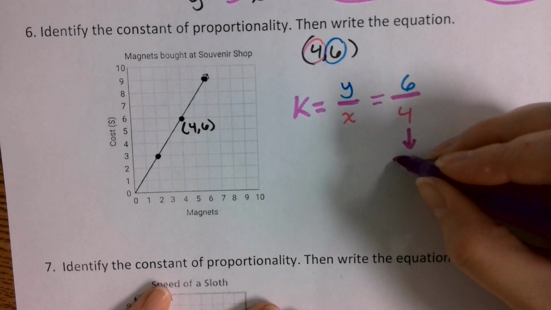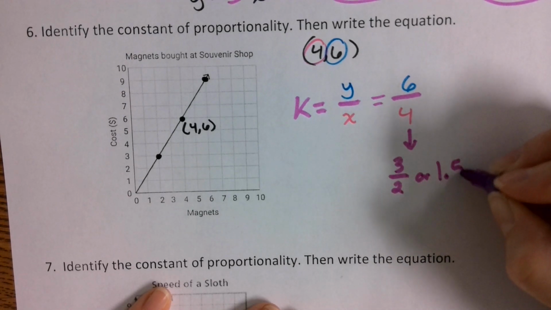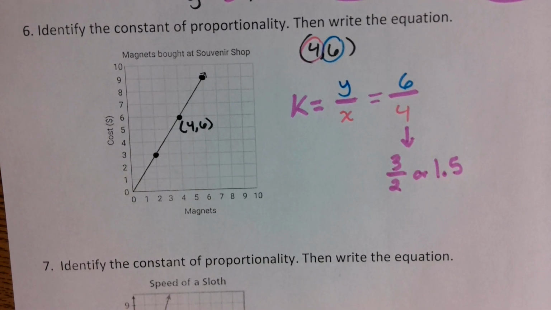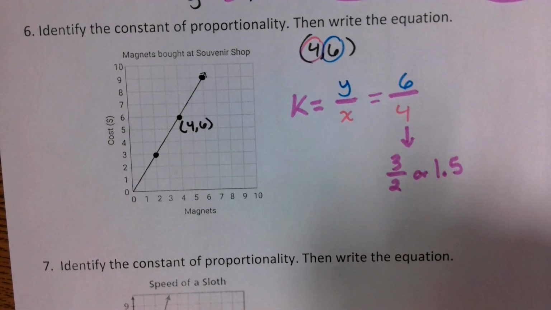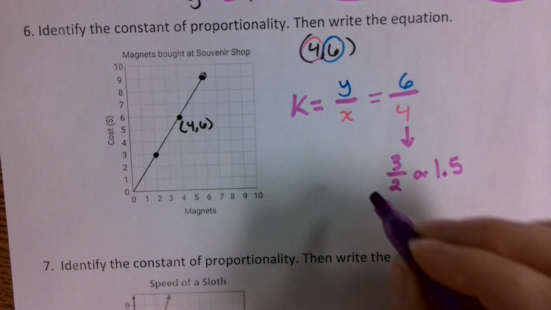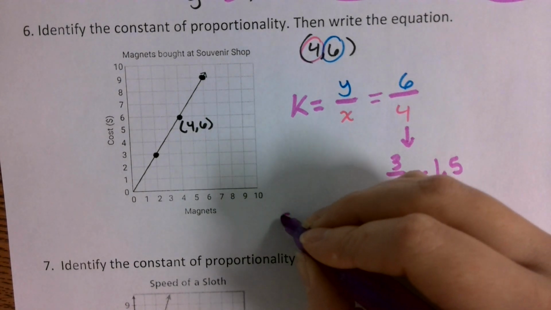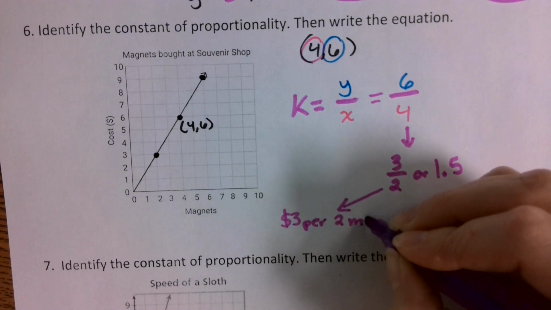So they could write it several ways. They could write it as 3 over 2, or they might ask you to write it as 1.5. Either way is acceptable, but you just have to understand that depending on how they have you write it will determine how you state what it represents. So if I were to write it as the fraction 3 over 2, then that means I'm saying it's going to be $3 per 2 magnets.